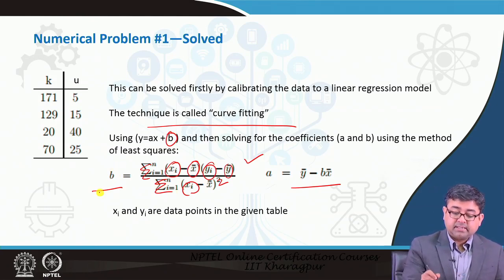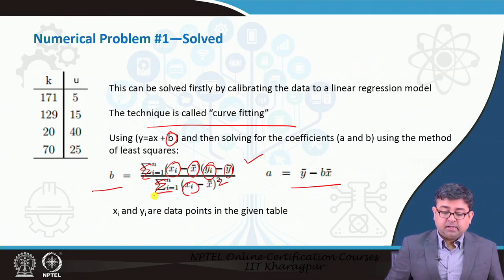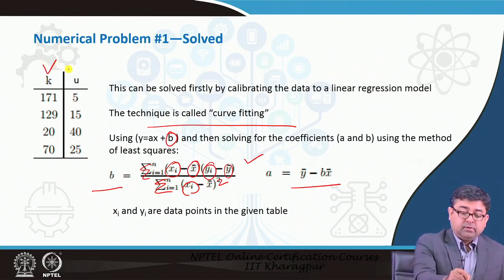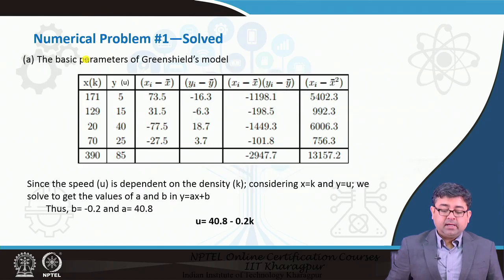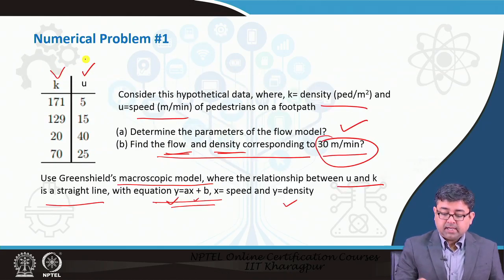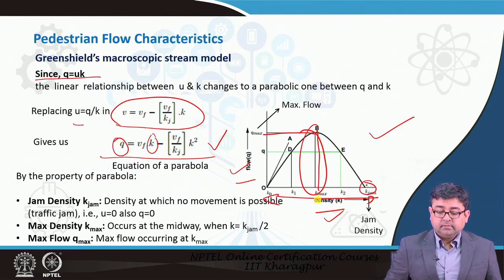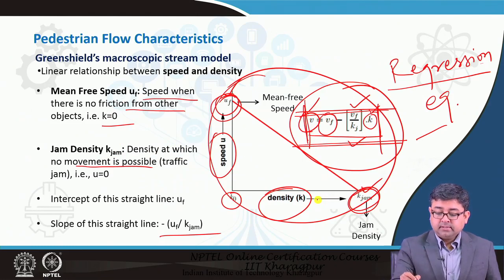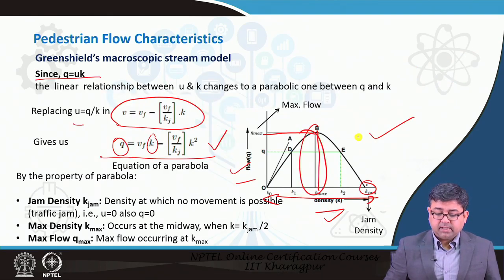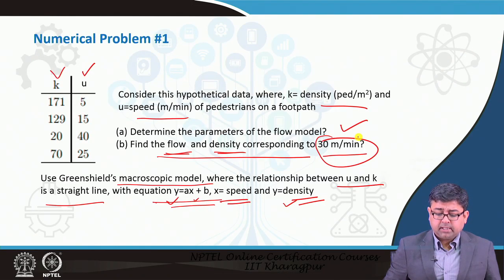So, in this case what is x? In our case, which one is x and which one is y? We have already told you that speed is x and density is y.